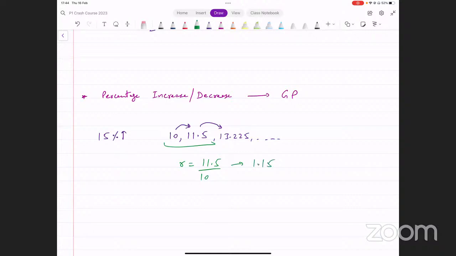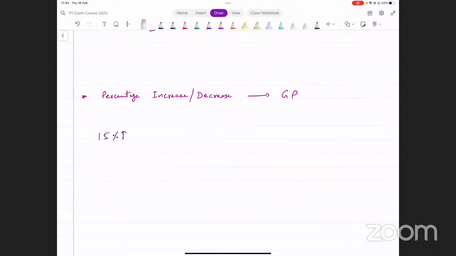That's the ratio. There's another way of thinking about this, that you could just look at the percentage and write down the ratio directly from that. Now, how does that work?